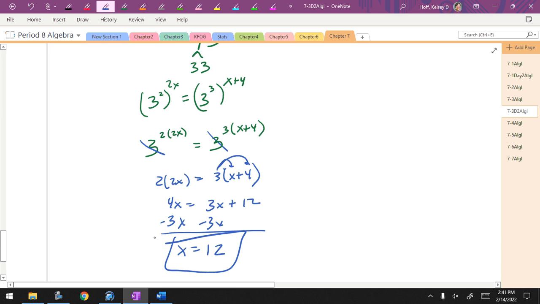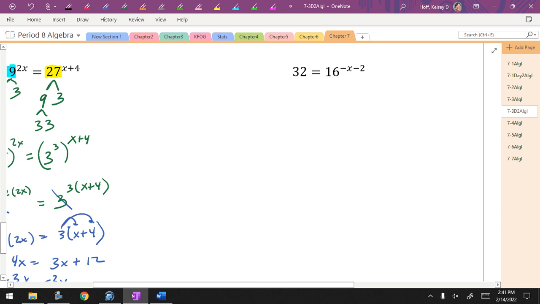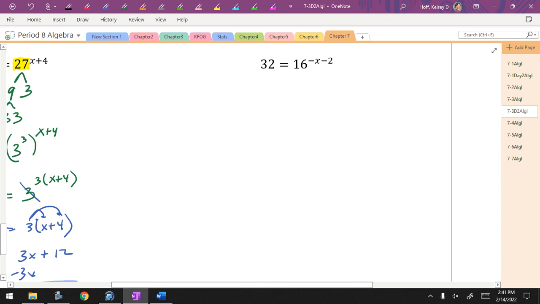Okay, one more. What do you want your base to be on this? 4? 16? 4? How do you know? Because you will have to divide it like 16 times 2 and go to 2. Okay, so if you wanted to go with 16, Caden's absolutely right.